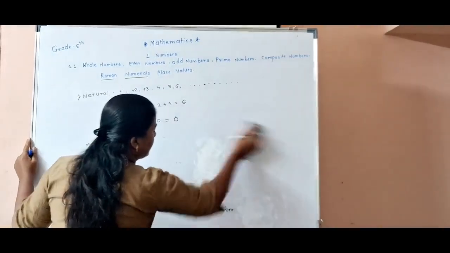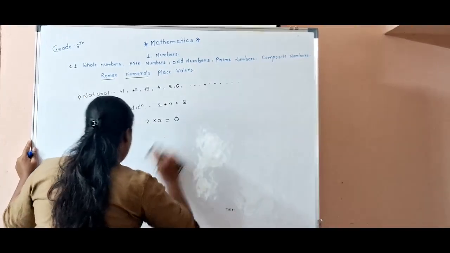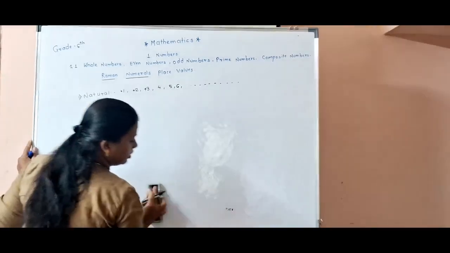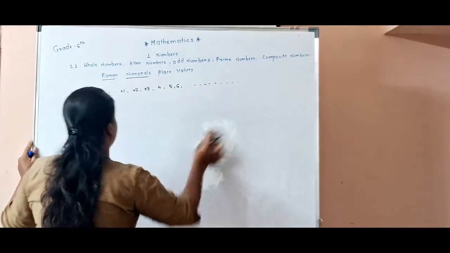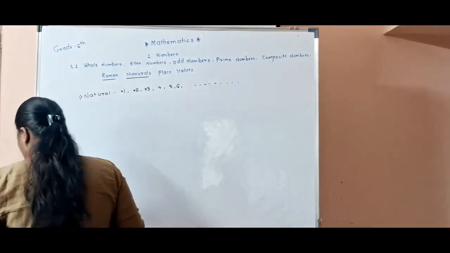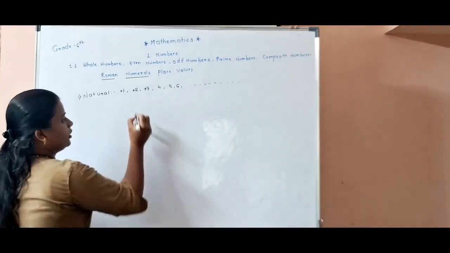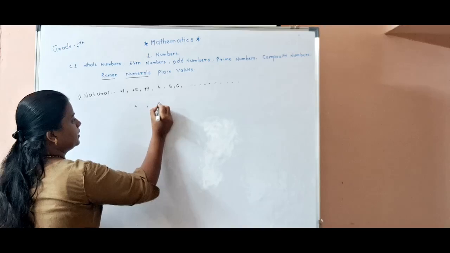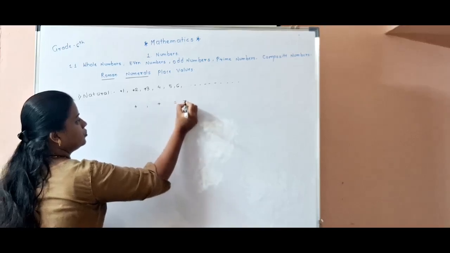Now in case of integers, regarding addition and subtraction, there are a few rules. Let us see these rules. Whenever we add numbers, plus and plus will give you plus.